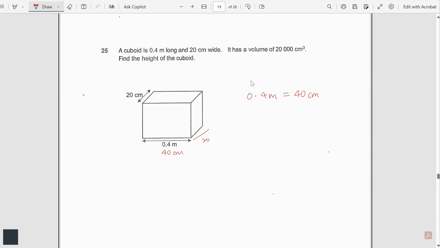So this is 40 cm. This is 20 cm, which means that I can actually find the base area. Base area: 40 times 20, 800. Then to find the height of the cuboid, we take the volume divided by the base area.